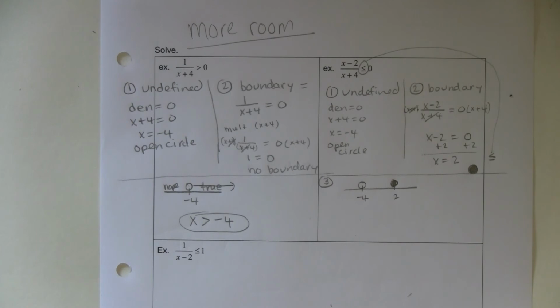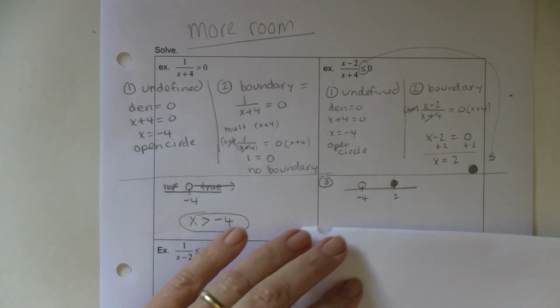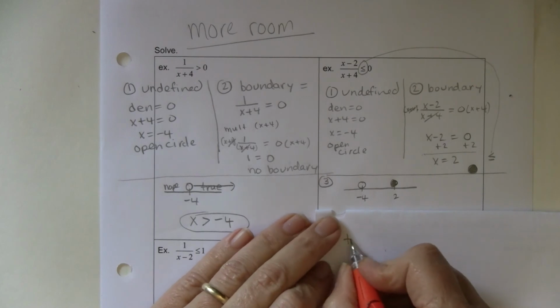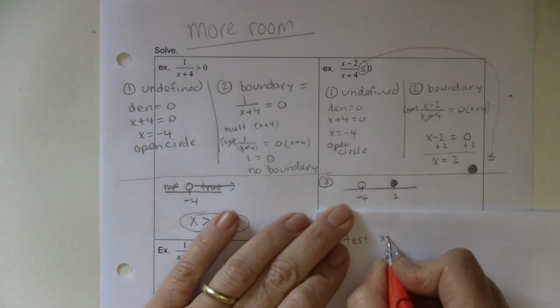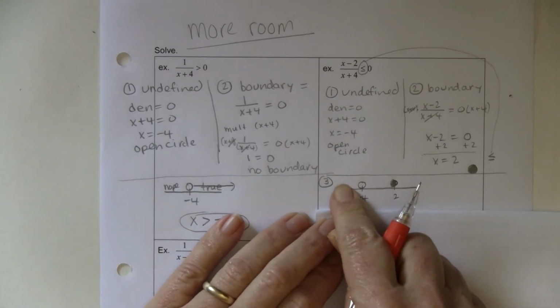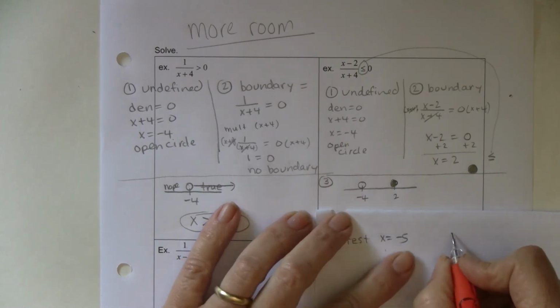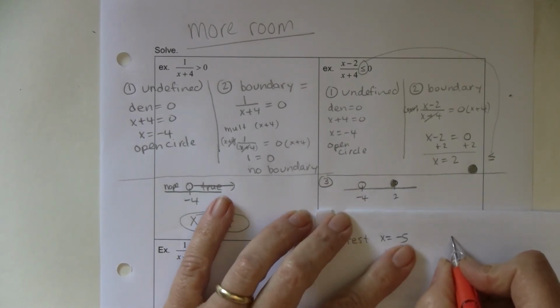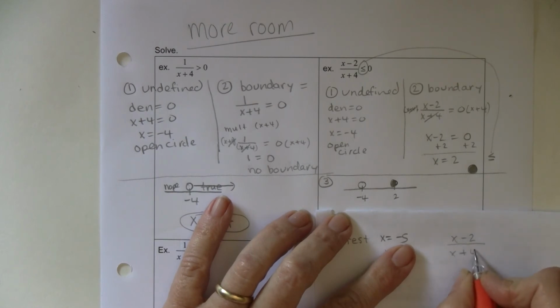And now on my scratch piece of paper, back in my original, I'm going to test 3 things. So I'm going to test x equals -5, because that's over here. My original looks like x minus 2 over x plus 4 is smaller than or equal to 0.